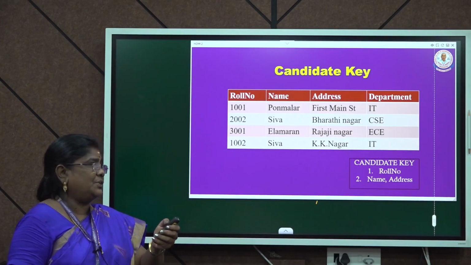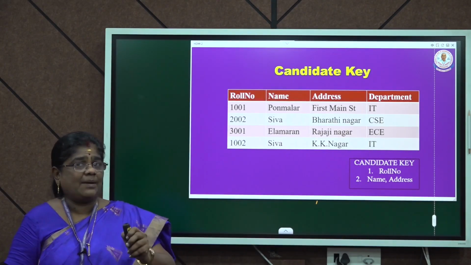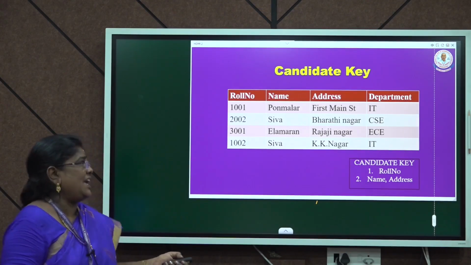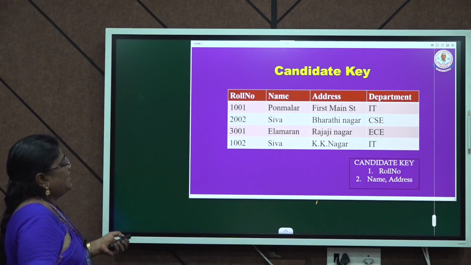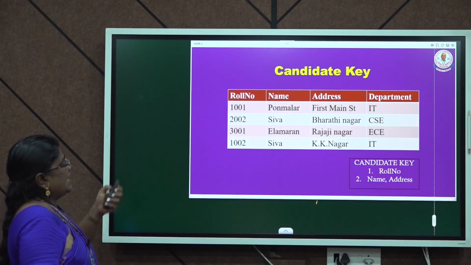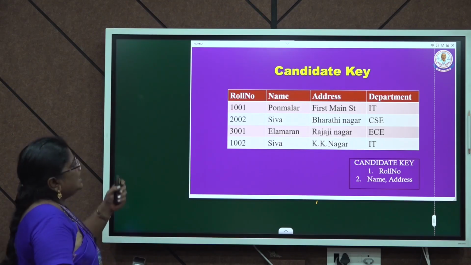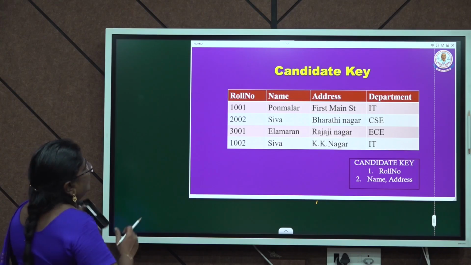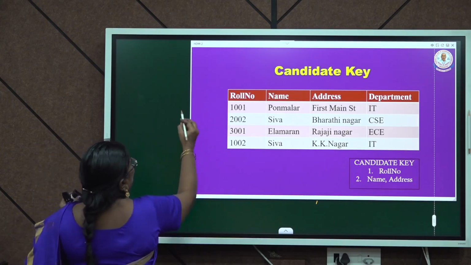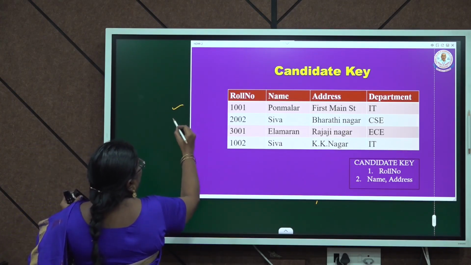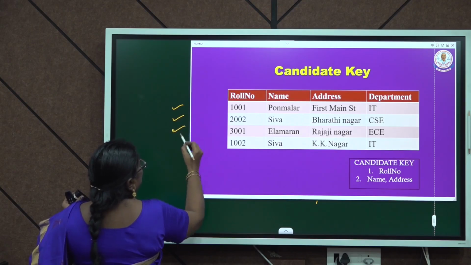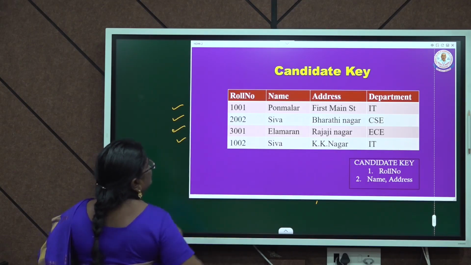When we pair it with the example we have seen in the previous slide, we can easily identify which is the key here. When I check the roll number alone, how many students' roll numbers are there? There are 4 students' roll numbers: 1001, 2002, 3001 and 1002.